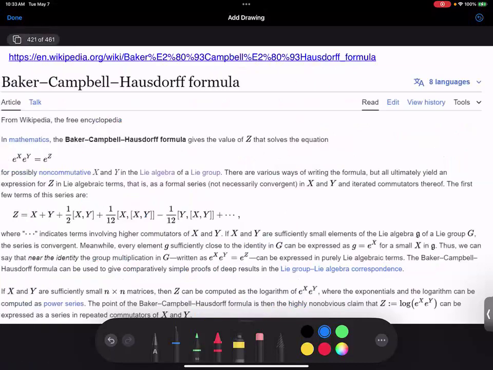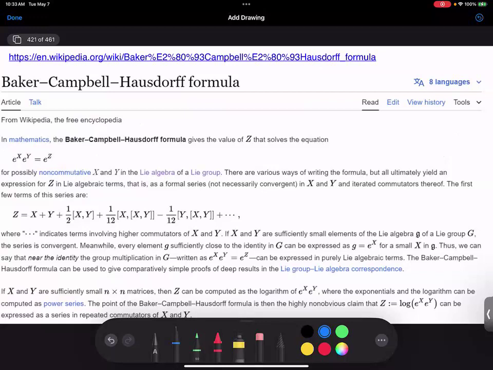I'm not going to go into detail on the Baker-Campbell-Hausdorff formula. I'm just going to post it up here so that you can see it. The main thing is if you look at the expansion for what Z is, it starts off X plus Y. That's good. And then the next term is 1/2 the commutator of X and Y. Well, if X and Y commute, what's the commutator? 0. The commutator is XY minus YX.